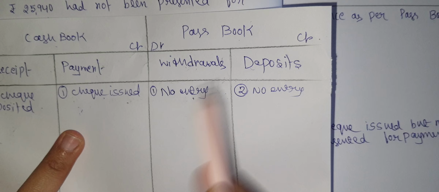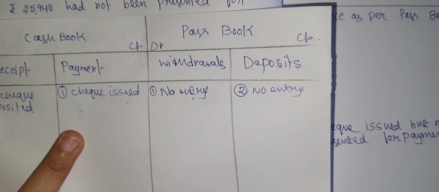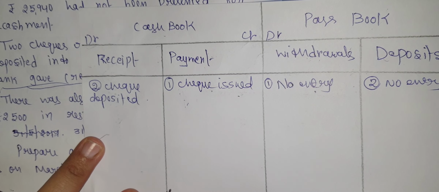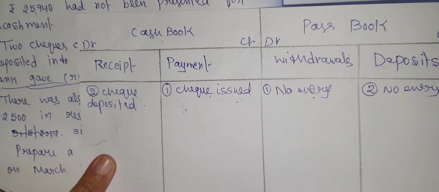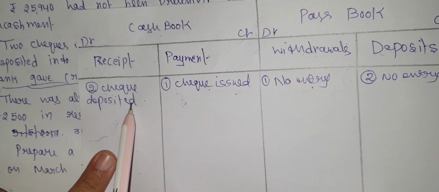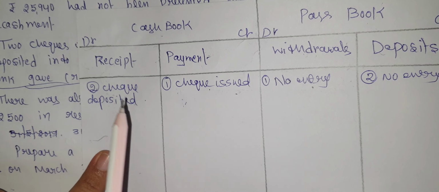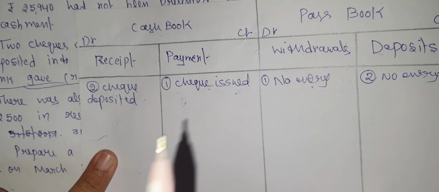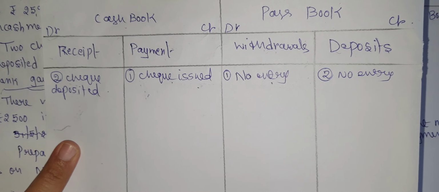Why? In the passbook there is no entry, means there is no change in the balance of the passbook, but cash book balance is more compared to the passbook. Third step, effect on cash book. Cash book balance is more compared to the passbook, means we have to add this transaction.